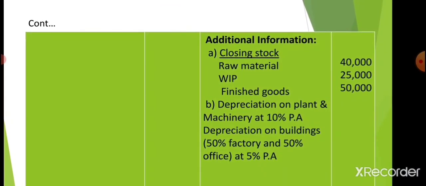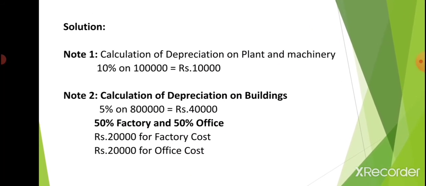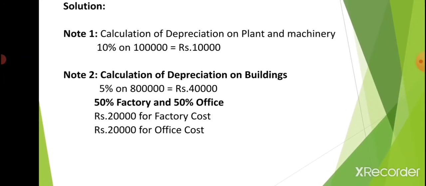Next, depreciation we have calculated here. Depreciation on plant and machinery, 10,000, should be taken under the head factory overhead. And then depreciation on buildings, 50% of 40,000, that is 20,000, should be taken under the head factory overheads.